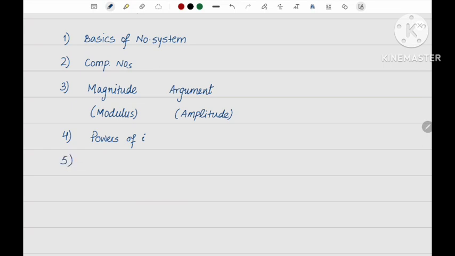Then, after we saw the argument, we saw what is the principal argument, right? And we saw how to represent it in Argand plane, and then we basically saw some examples.